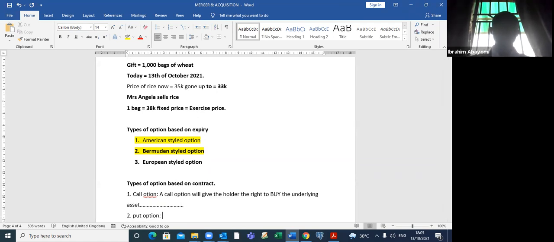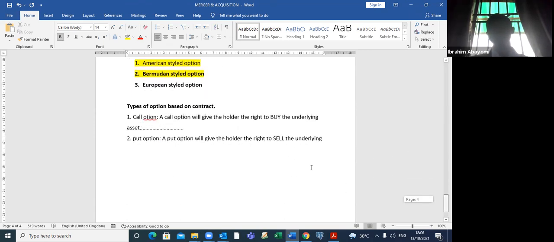While a put option, we give the holder the right to sell. So it's not only buy, it can be a sell as well.